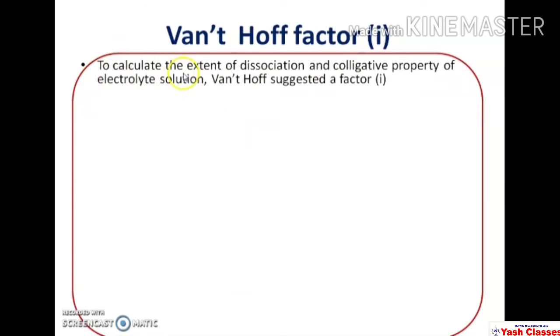So to calculate extent of dissociation and colligative property of electrolyte solution, Van 't Hoff suggested one important constant, that is a factor represented by small i. So here we are going to discuss now Van 't Hoff factor i.